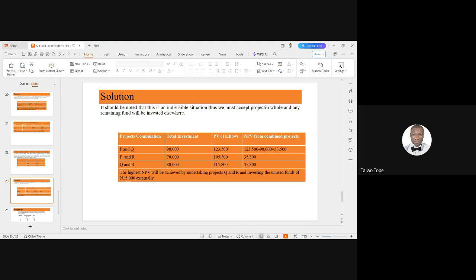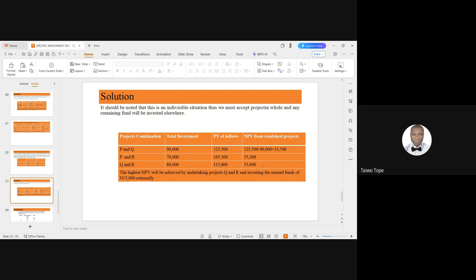For P and R, you have 105,300. And for Q and R, you have 115,800. So NPV from combined projects will now be 123,500 minus 90, you have 33,500. 105,300 minus 70, you have 35,300. 115,800 minus 80,000.